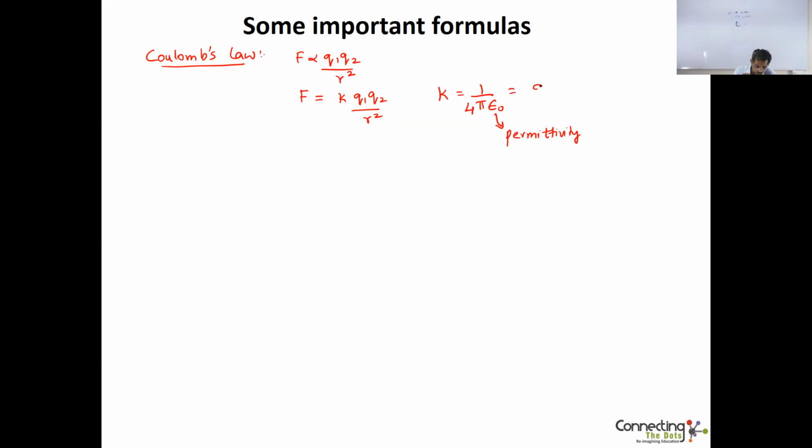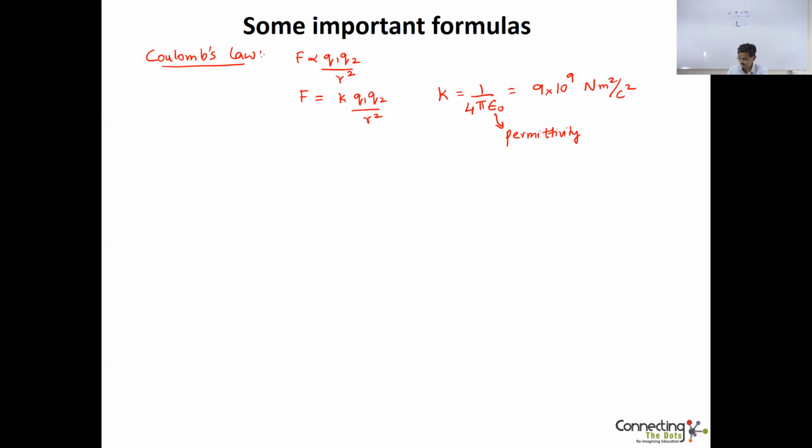And in SI unit, it is equal to 9 into 10 to the power of 9. So this is Coulomb's law. It depends on the two charges and the distance between them. As the distance increases, the force decreases. This was one equation that we used repeatedly in today's paper.